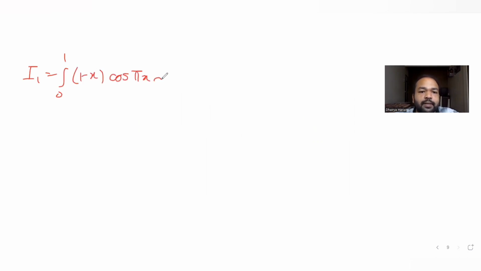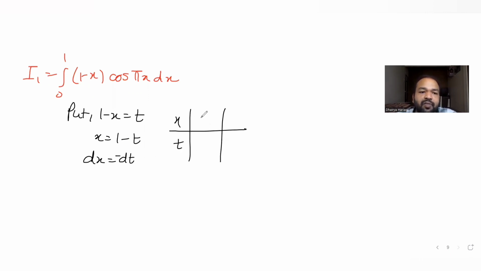cos pi x dx. So if I substitute 1 minus x as t, I get x as 1 minus t. If I take the derivative, dx becomes minus dt, and the limits of t change. If I put 0 here, 1 minus 0, t becomes 1; 1 minus 1, t becomes 0.